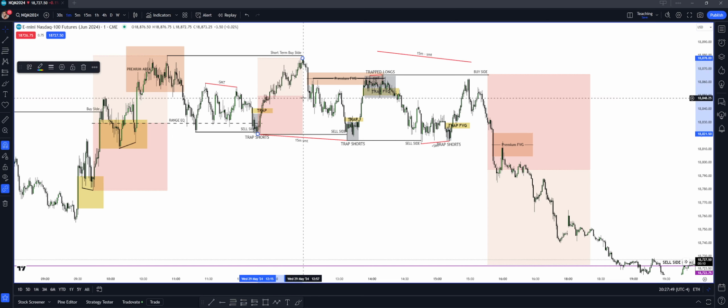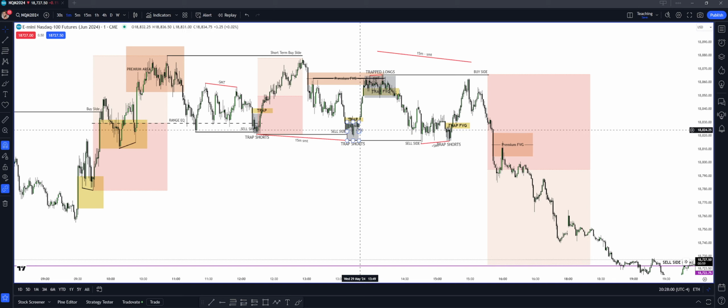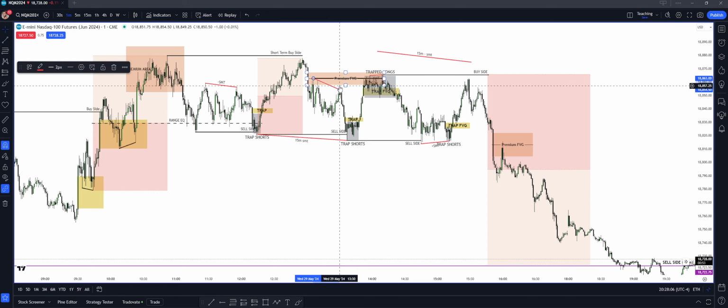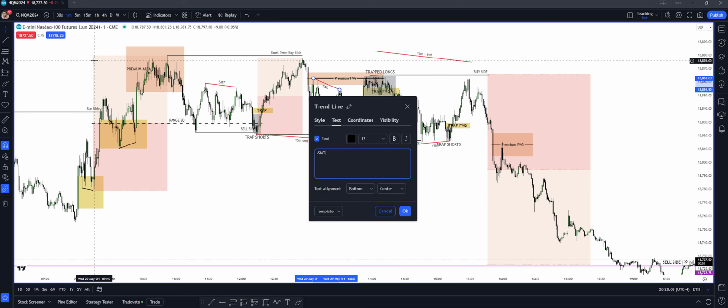Here, same deal. Trap shorts until it delivers the buy side. Here, let me annotate. I forgot to annotate this S&T.